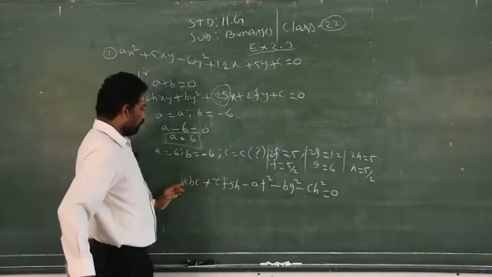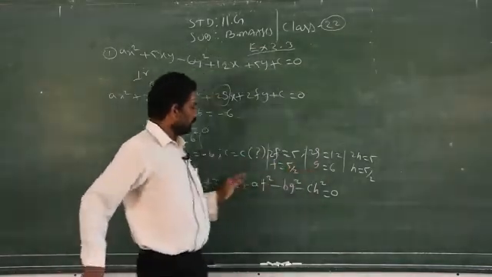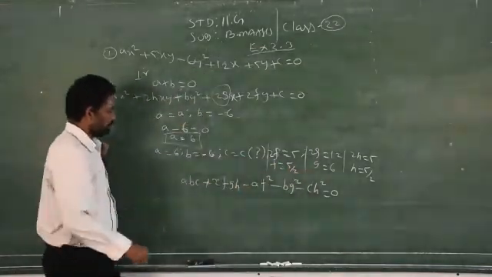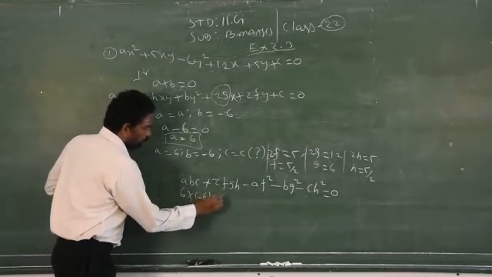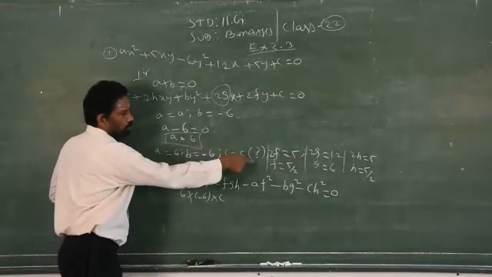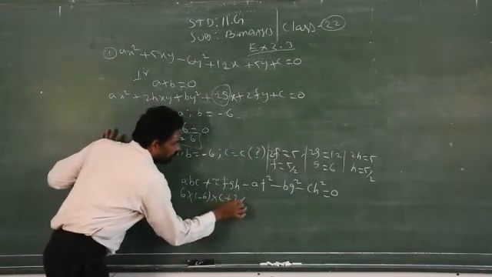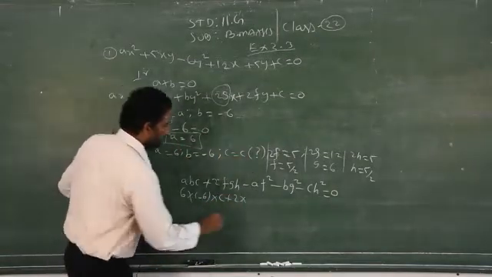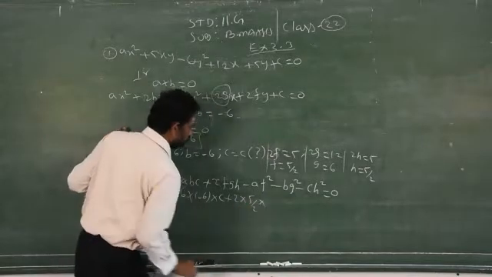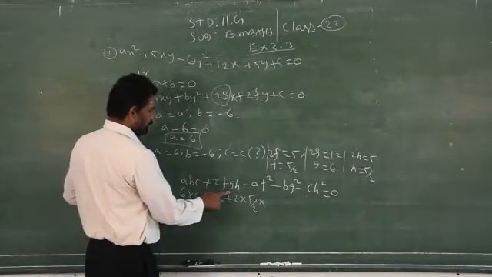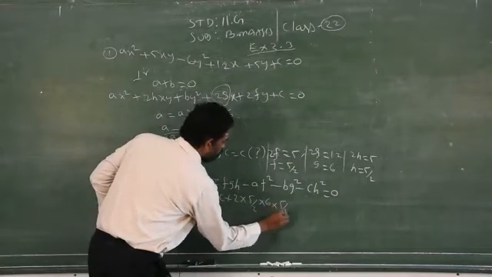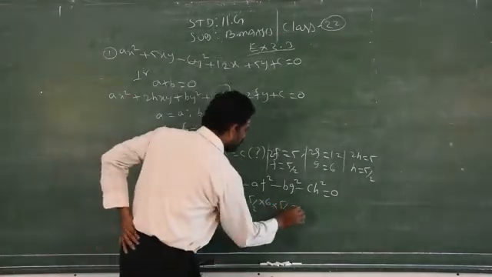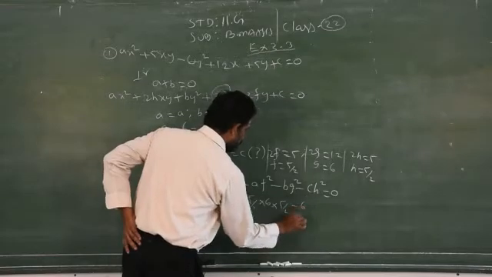Now you have to substitute all the values in the general condition. A is 6, B is minus 6. I don't know what is C. That only you have to find out, question mark. Plus 2 into, what is your F? 5 by 2. G, 6. H, 5 by 2. Minus A, 6.